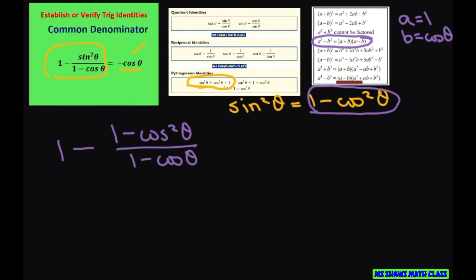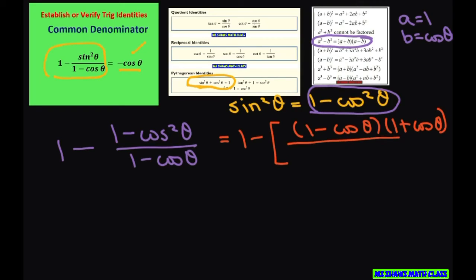So I'm going to rewrite this as, I'll go ahead and put a bracket here, 1 minus cosine of theta times 1 plus cosine of theta, divided by 1 minus cosine of theta.